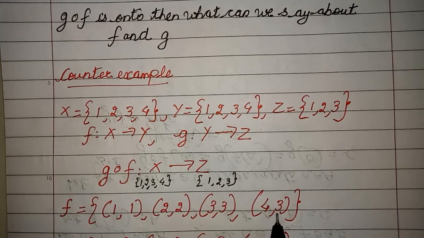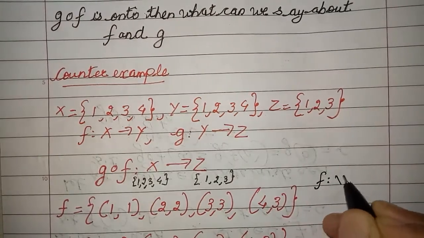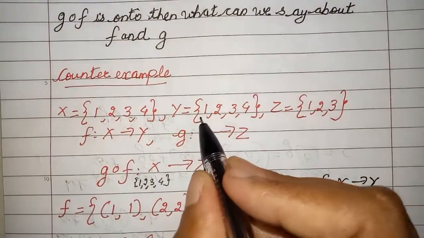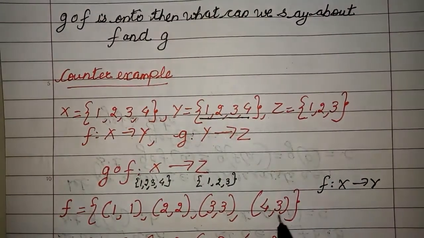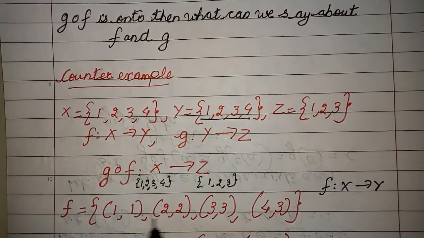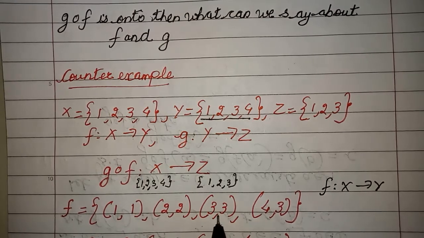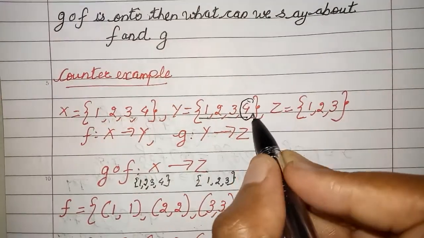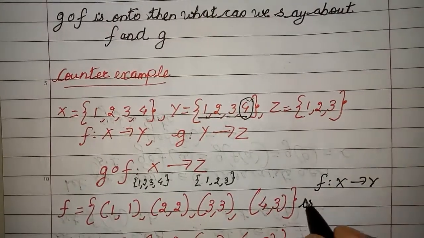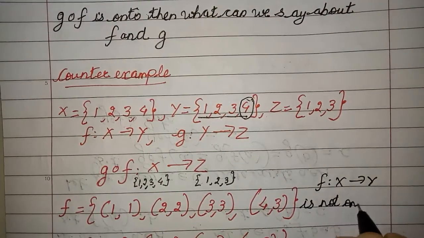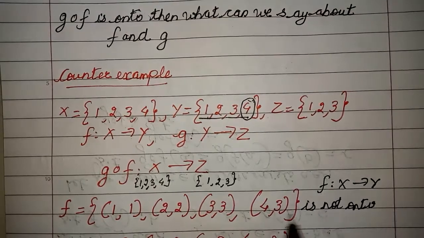In my Y the elements are 1, 2, 3, 4. That means 4 does not have a pre-image, so f is not onto.